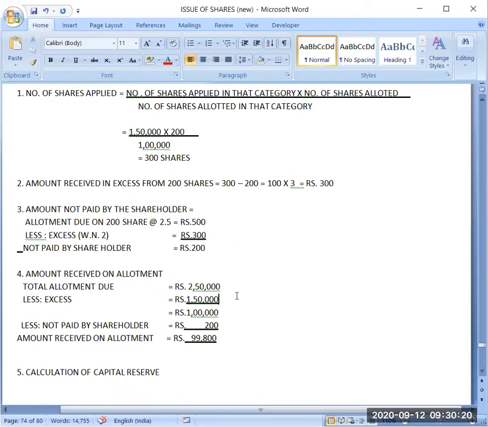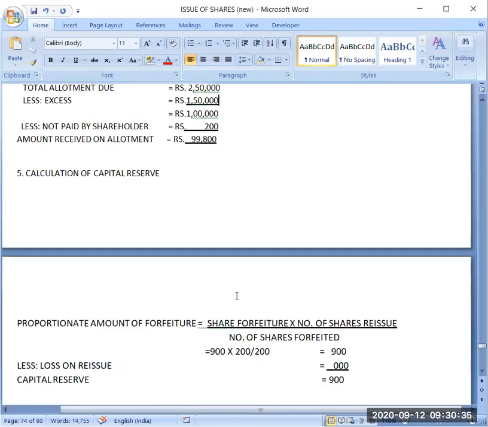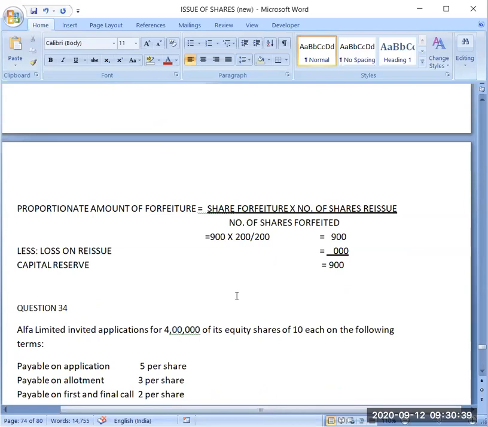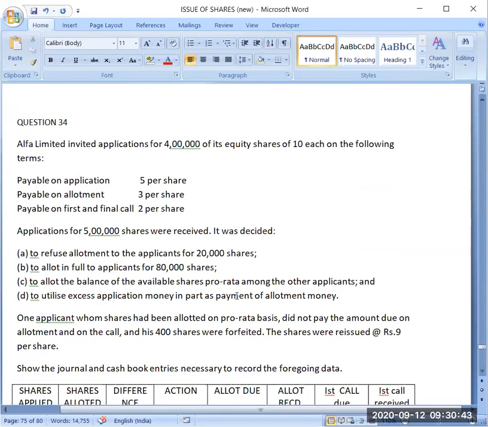Then you have calculated in the last how much amount I will be receiving on allotment. This bank entry will be very crucial for allotment. That will need all these working notes in 90% of the questions. After that, we don't need that much calculation in most of the questions, but as and when we proceed, we will get some other issues also.